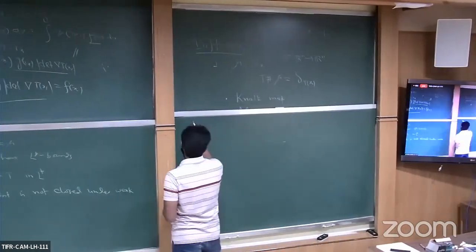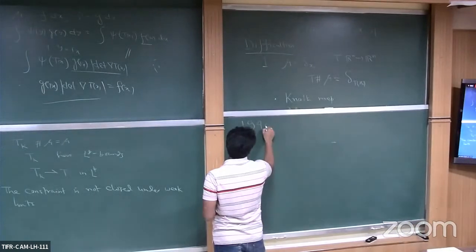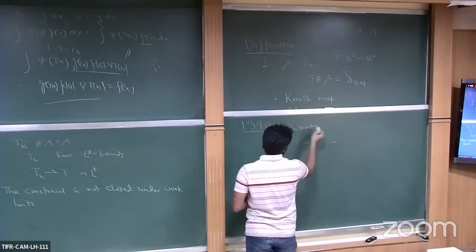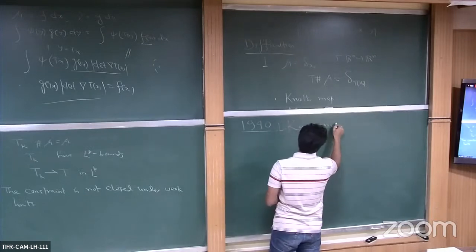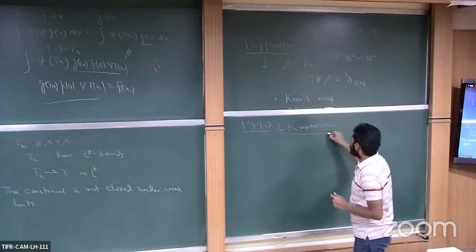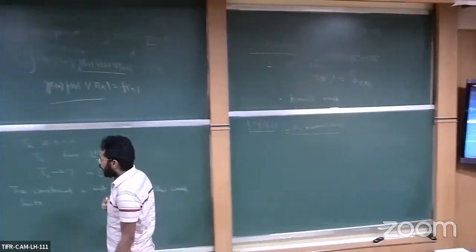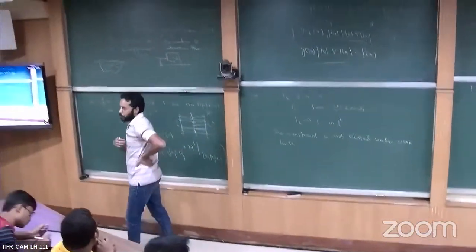Around the 1940s, Kantorovich was also studying a kind of transport problem, and he was not aware of Monge's problem.